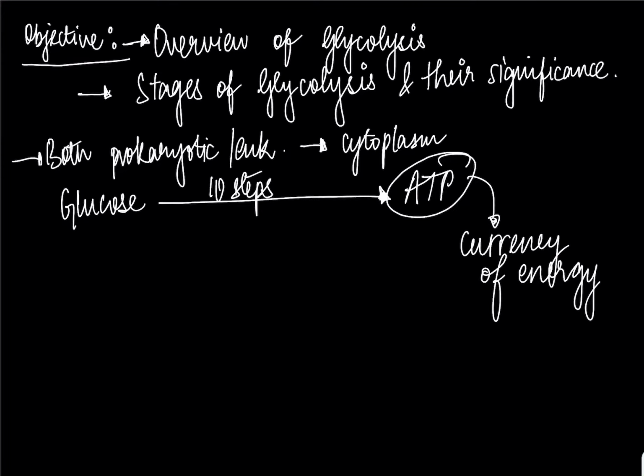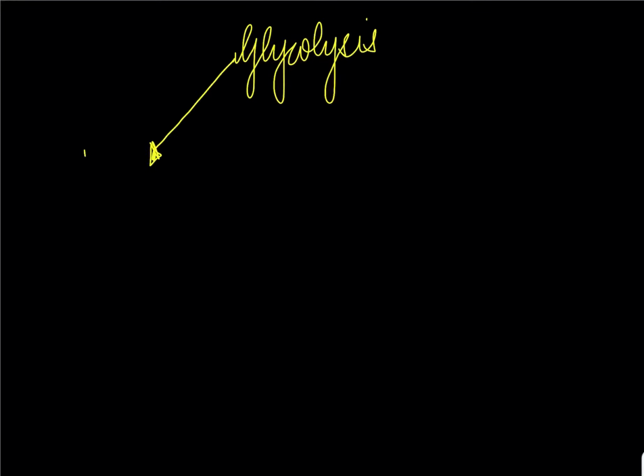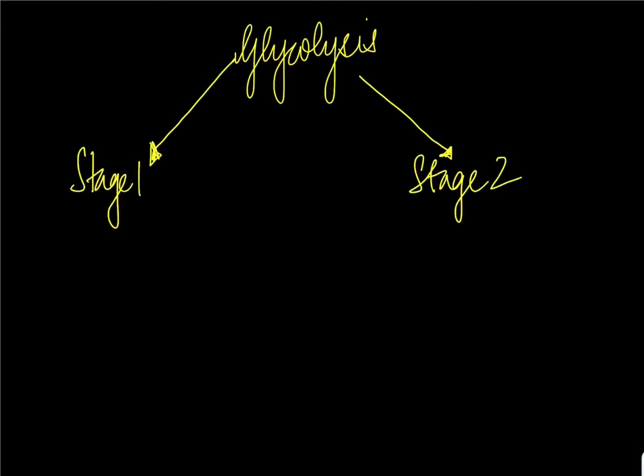Glycolysis can be thought of as comprising two stages. So let's say glycolysis stage 1 and stage 2.